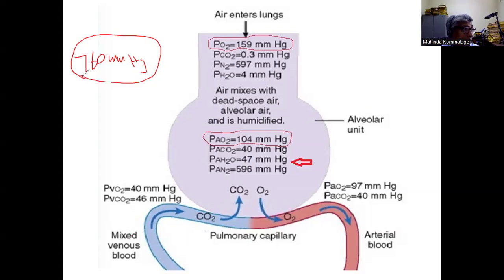What is the oxygen composition of the atmospheric pressure, as a percentage, roughly? Oxygen is about 20, 21%. So in the outside air, the partial pressure of oxygen is roughly 1/5 of 760, about 160. The partial pressure of carbon dioxide is very low, nitrogen is very high, and water depends on the humidity.